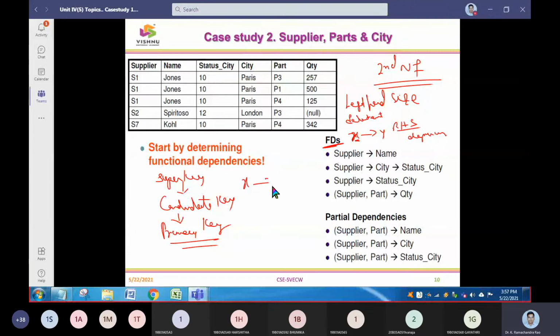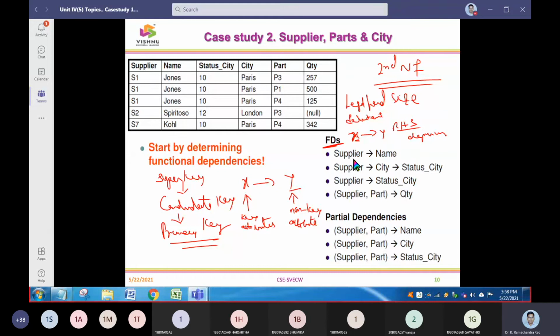Also, there is one more name. X, we will call key attributes. Y, we will call non-key attributes.